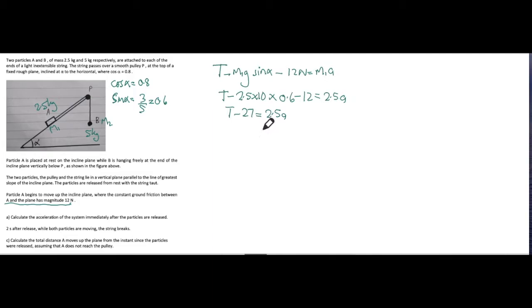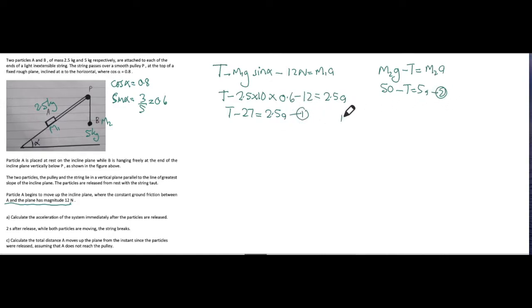And what's happening at B? At B we have m2g minus T equals m2a. m2 here is 5 kg, times 10, which is 50, minus T equals 5a. This is equation 2, and this is equation 1.